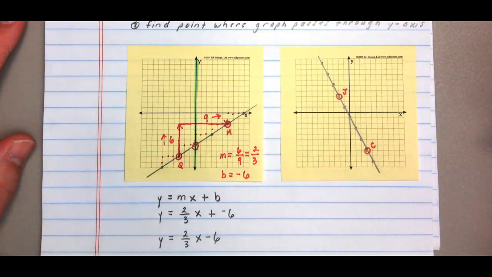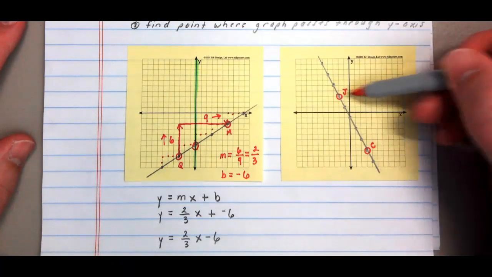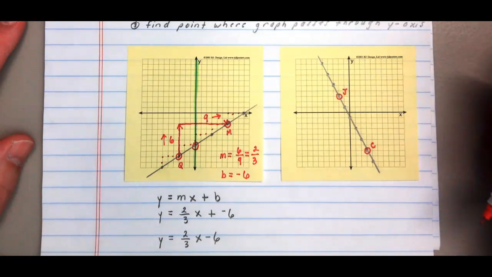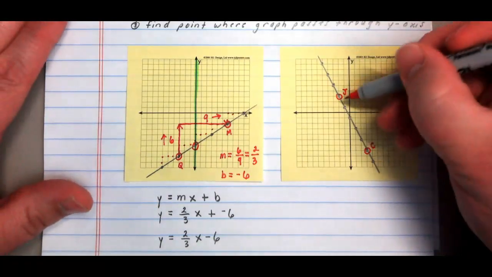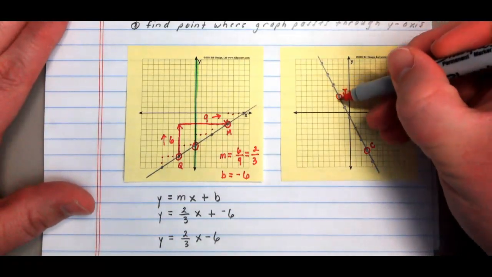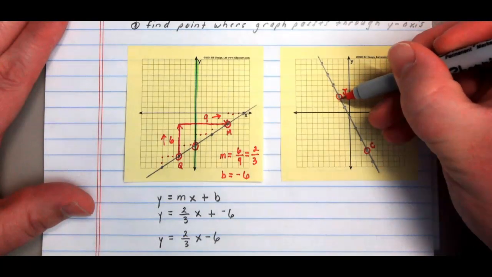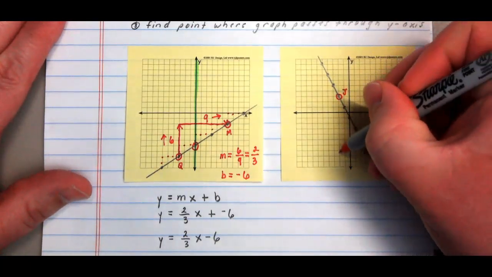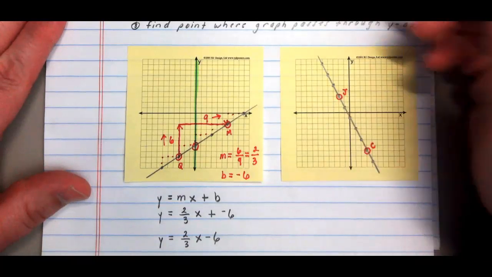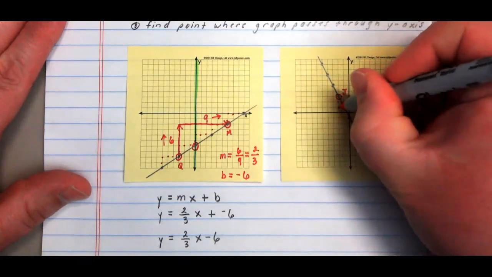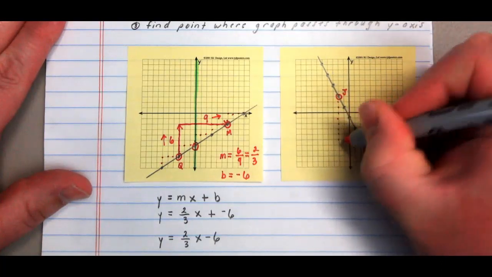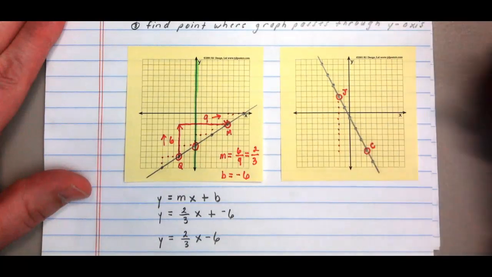And again, we start at the one that's the leftmost. So if you look, point J is further to the left on the graph than point C is. So we're going to begin at point J, and we're going to decide if we need to go up the elevator or down the elevator to get to the next point. So we're going to have to go down the elevator to get on the same floor as C. So from J, we're going to go 1, 2, 3, 4, 5, 6, 7, 8, 9, 10.